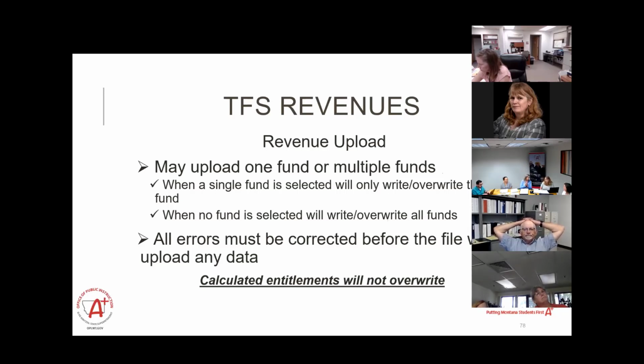Right, so if you hand enter your transportation fund and you want to upload general fund, make sure that you have general fund selected, because that will allow you to write only to general fund. If you hand enter your transportation fund and then attempt to upload your general fund without a fund selected, it will overwrite what you hand entered in transportation.